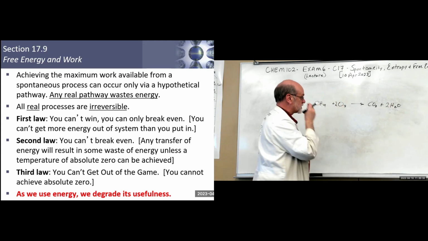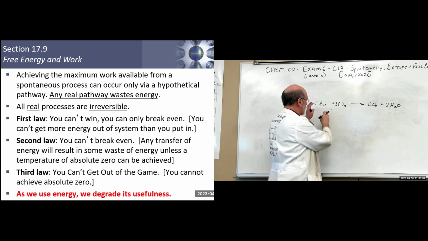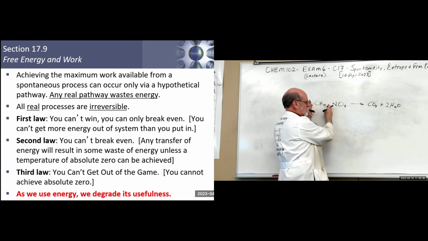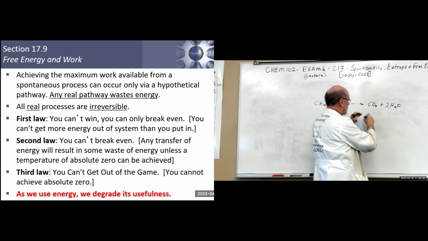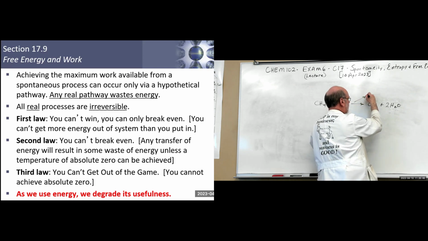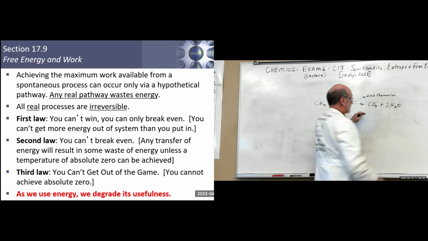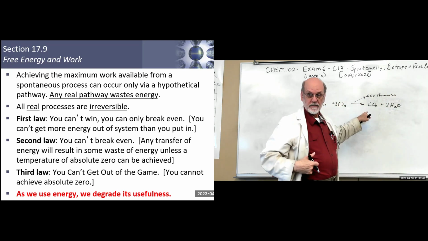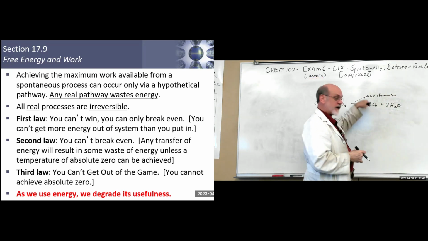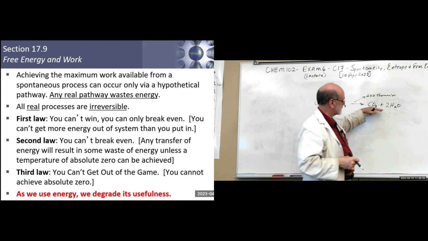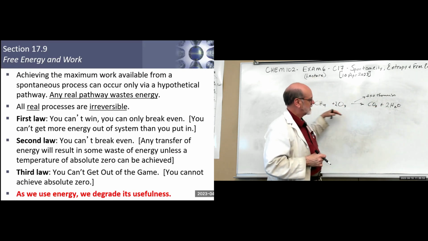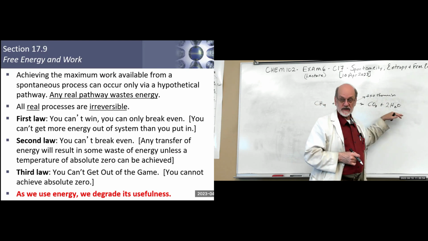There we go. So that's balanced. When we go from energy stored here to here, we extract energy, exothermic, right? And we use that energy. But in order to go back, we have to put energy in. In other words, this is a lower energy state than that. We have degraded its usefulness.